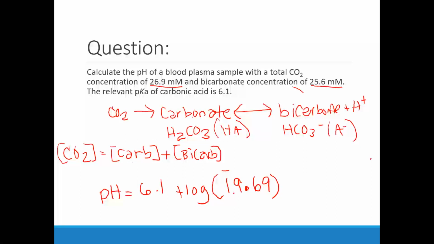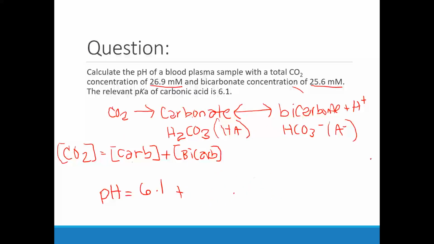Now we have pH equals 6.1 plus the log of 19.69. If I calculate the log of 19.69, then I get 1.29. That means our pH is going to be 6.1 plus 1.29, which equals 7.4.